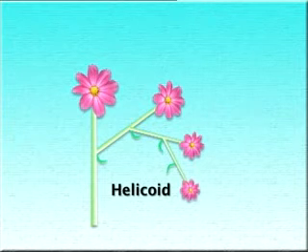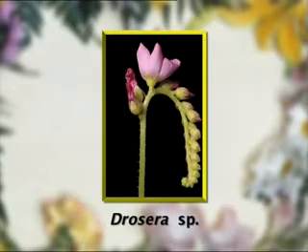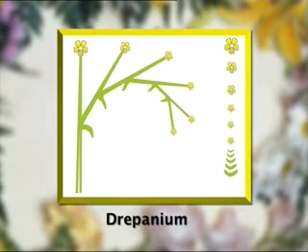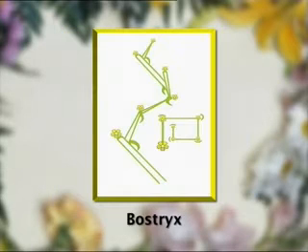For example, Hamelia, Drosera and Myosotis show helicoid monochasial cyme type of inflorescence. Helicoid uniparous cymes are again of two subtypes. One, the Drepanium, in which the lateral branches are in the same plane, and second, the Bostryx, in which the lateral branches are in different planes.